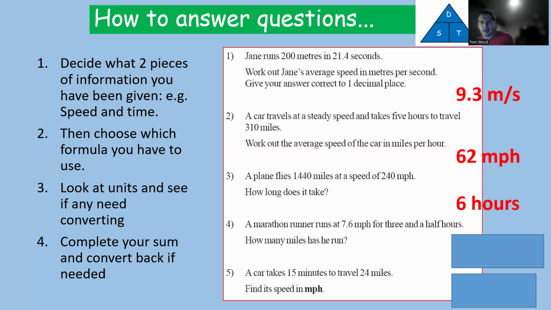So 7.6 miles per hour. So how many miles has he run? So we've got speed times time. So the speed is 7.6. We're going to multiply that by 3.5. And a half, if I want to type it in my calculator, it's these quick conversions that make it easier. I know that a half is always 0.5. You can do it this way.